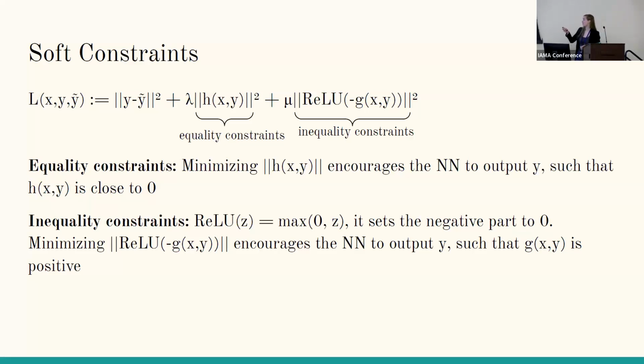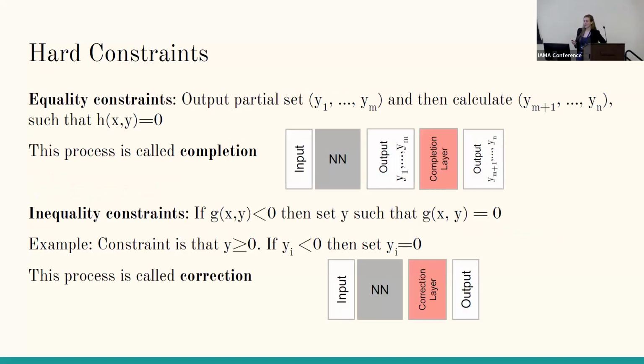So here it penalizes negative values. And then the hard constraint, we did two fairly simple ways here. There are other ways to enforce the constraints, but actually the simple ones work the best.